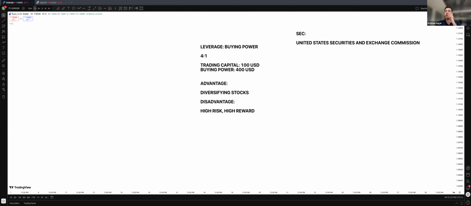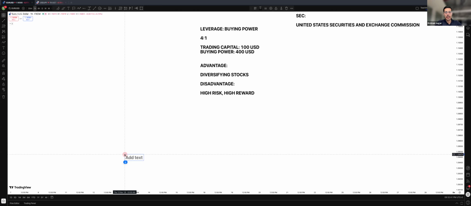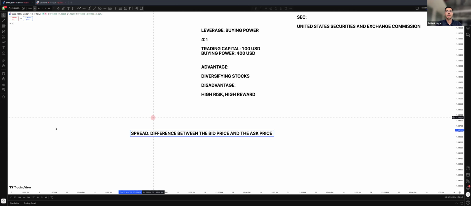Oh, so you're asking about spread. Okay, swap is different, spread is different, leverage is different. Spread is the difference between the bid price and the ask price. I'll write this down for you, Sufyan.